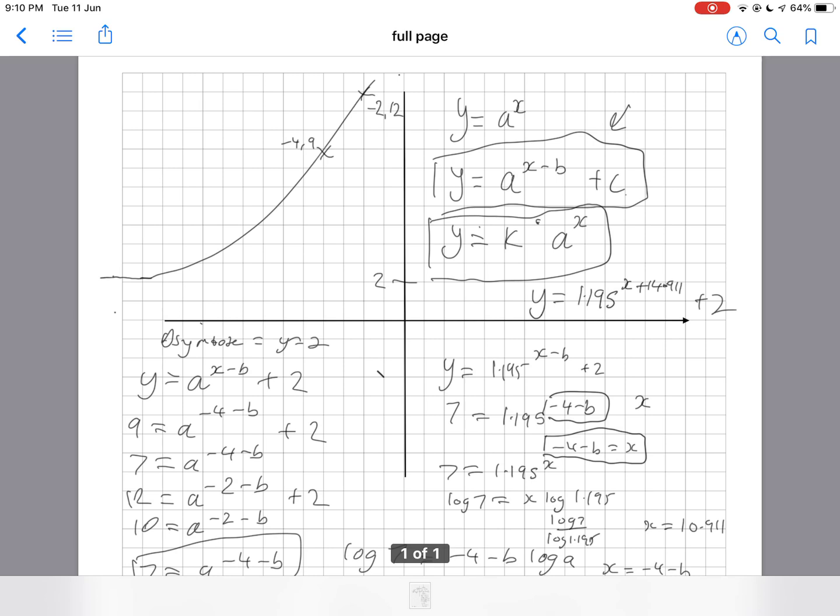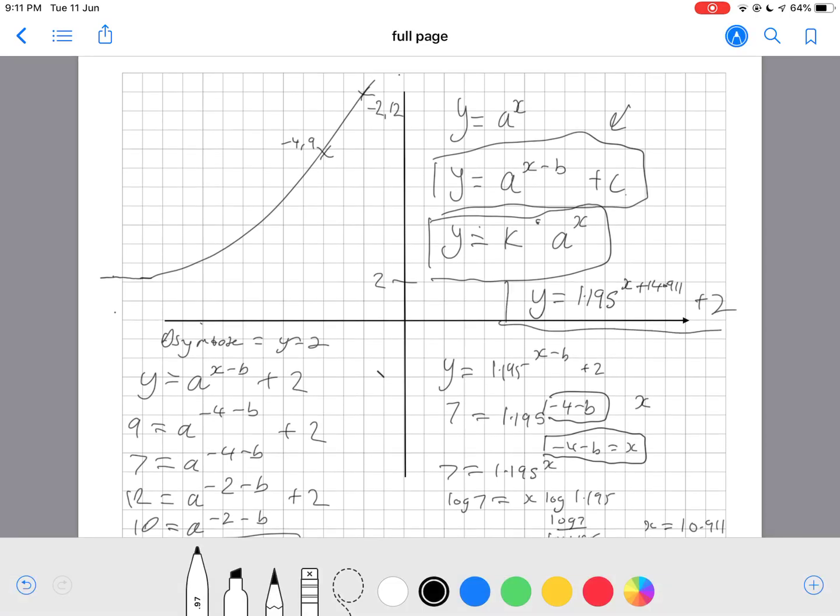So x is 4, so 10 should give us 9, yes. Yeah, that's right. Okay, so that's the correct equation. Okay, I just checked with my calculator. This is the correct equation for our exponential.